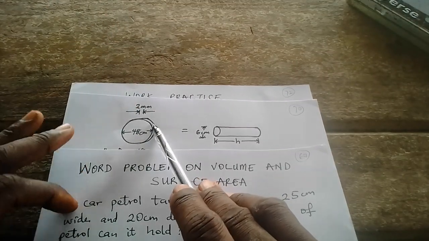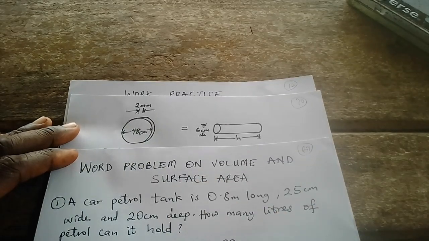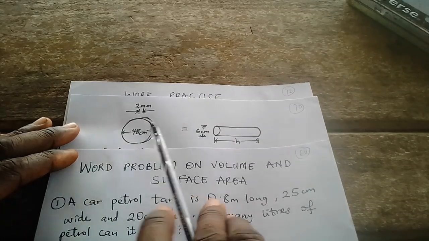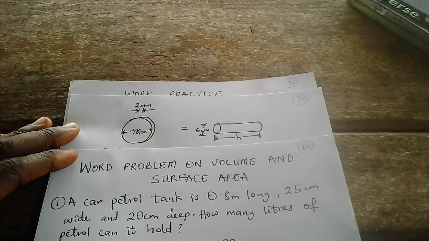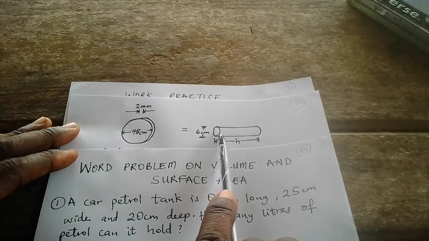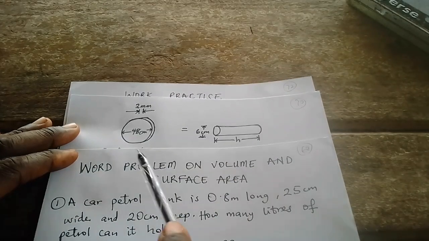Now, let's say you gave it to a blacksmith to recast, to remold it. So he melted the whole sheet, which turned to a liquid, and used it to form another bar, another metal of different shape. Let's say the metal he now used it to form is a cylinder, like this.